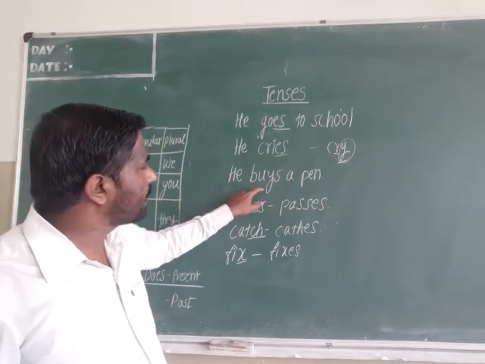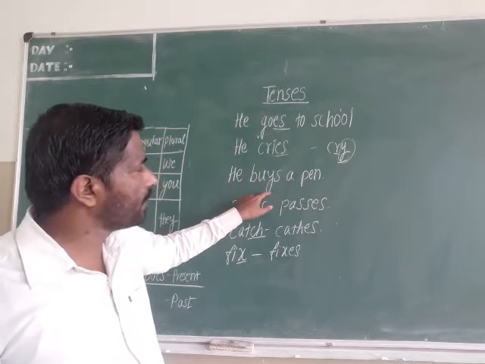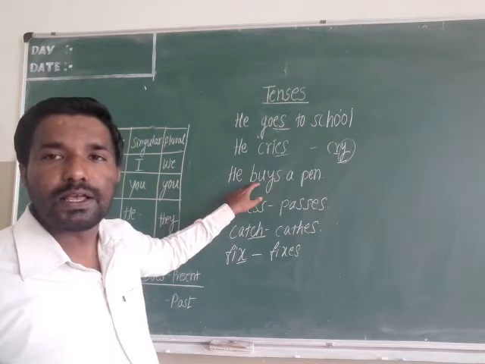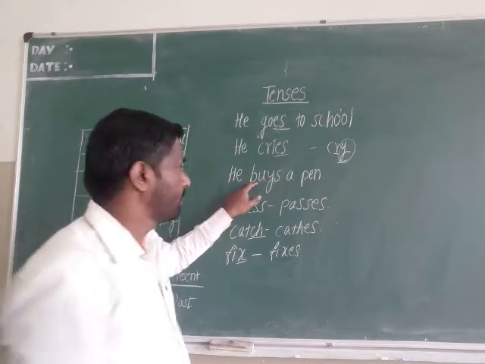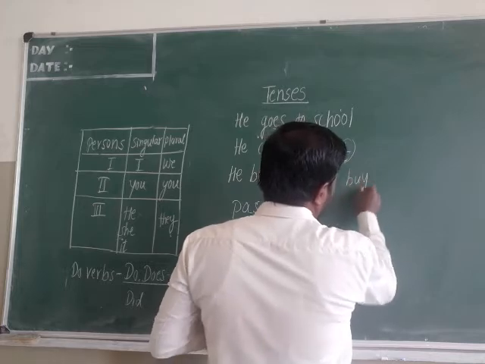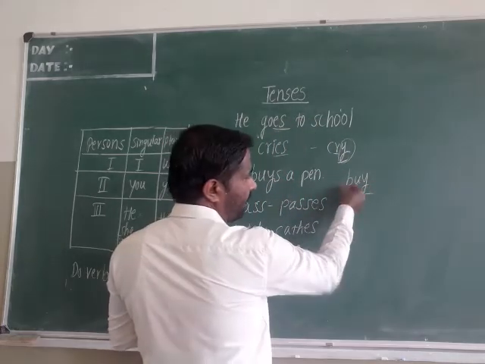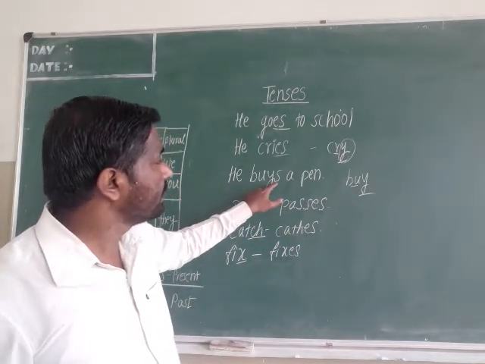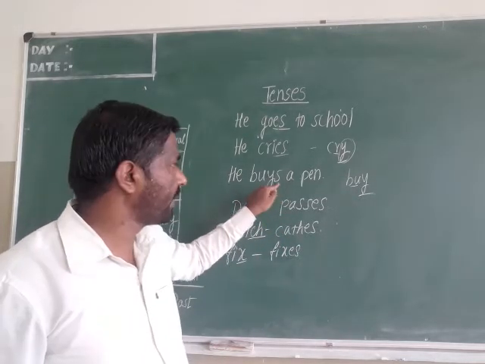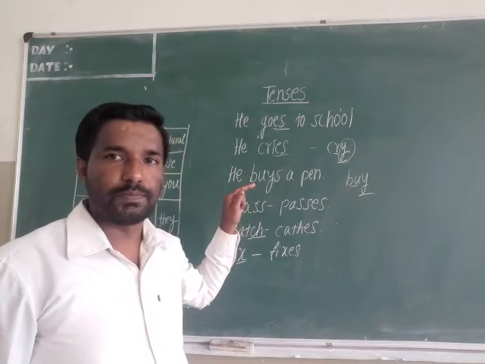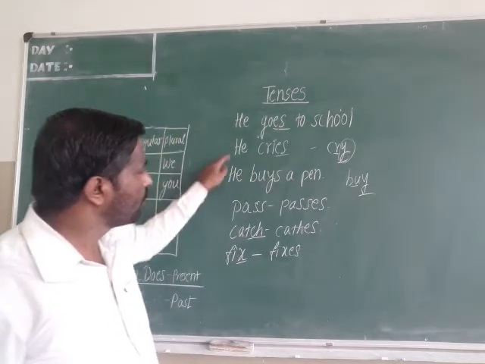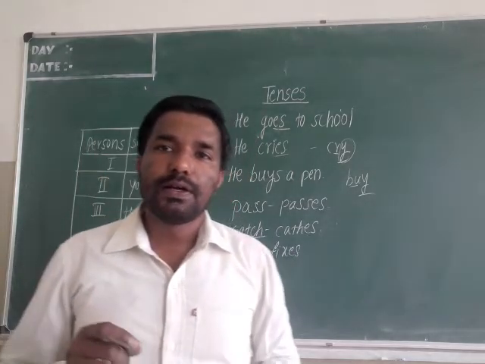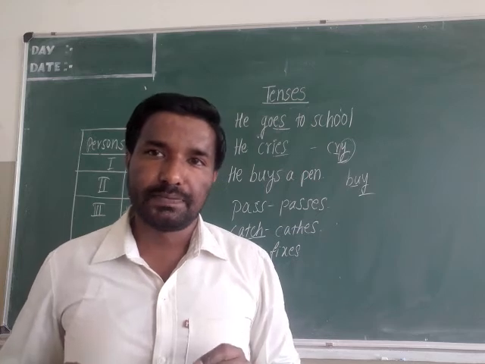Then, the verb ended with Y, but it is preceded by a vowel letter. For example, buy. Ended with Y, but behind that U is there. Then you have to use what? S for the verb. Just you have to add S for the verb. And this rule you have to follow while you are using he, she, it.